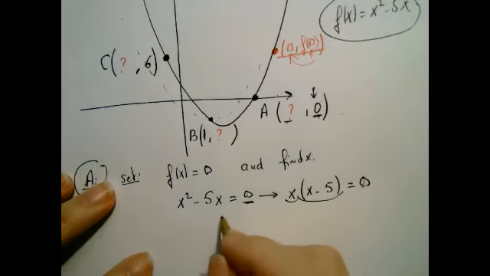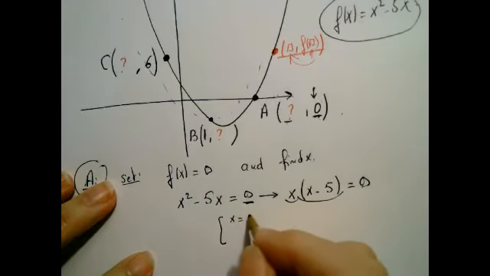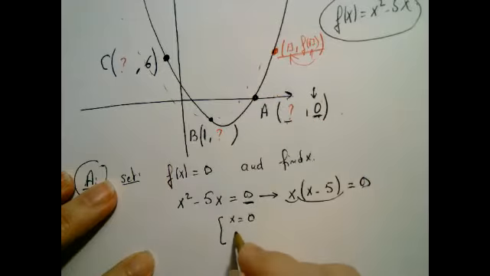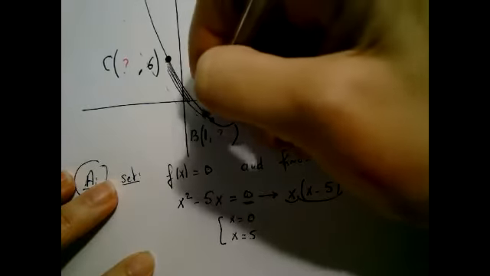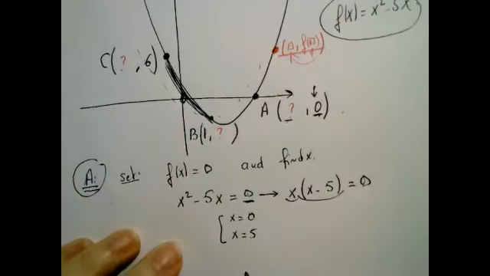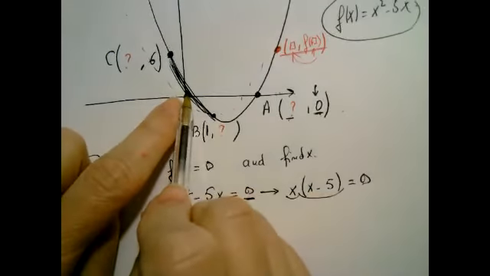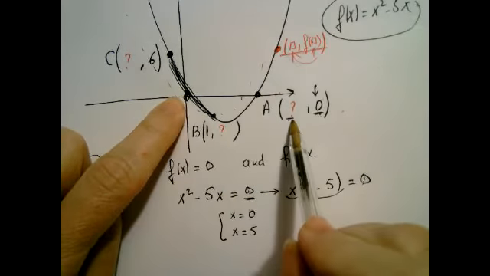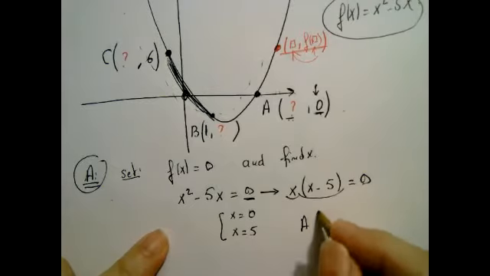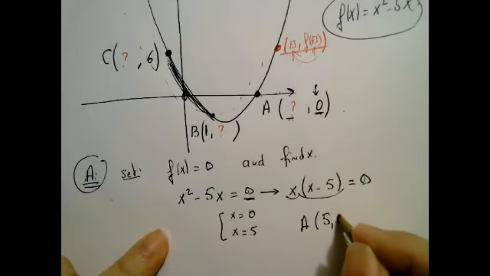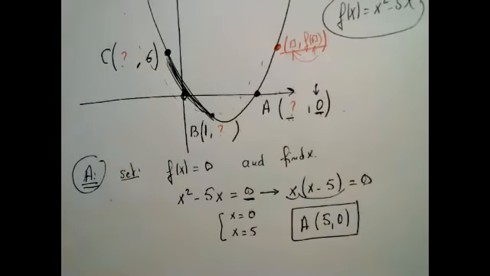So x equals 0, and x equals 5. I drew my graph a little bit off here, so my graph should have gone like this. Sorry, I should have copied it better. Okay, x equals 0, x equals 5. So what is my point A? Of course, not 0, because 0 is this one. I want the point A, so the point A has coordinates 5 for the first and 0 for the second. Okay, that's really what we're working with. Now let's look for B.